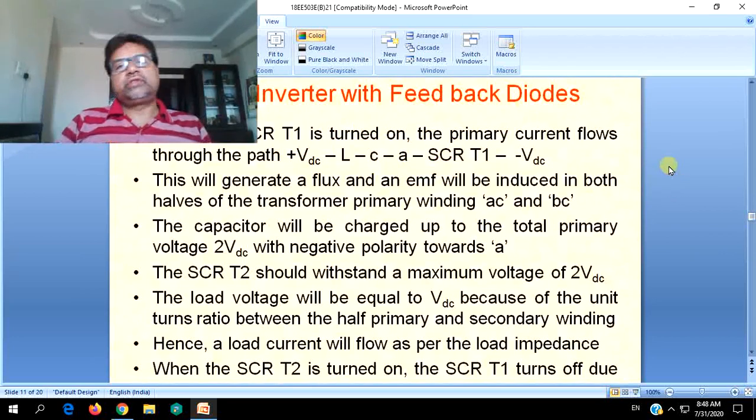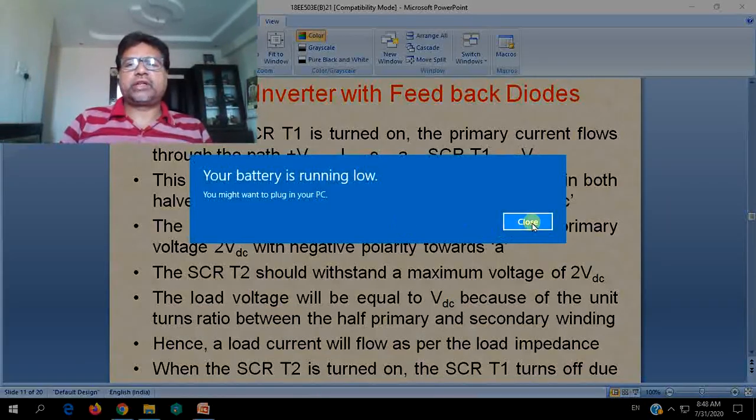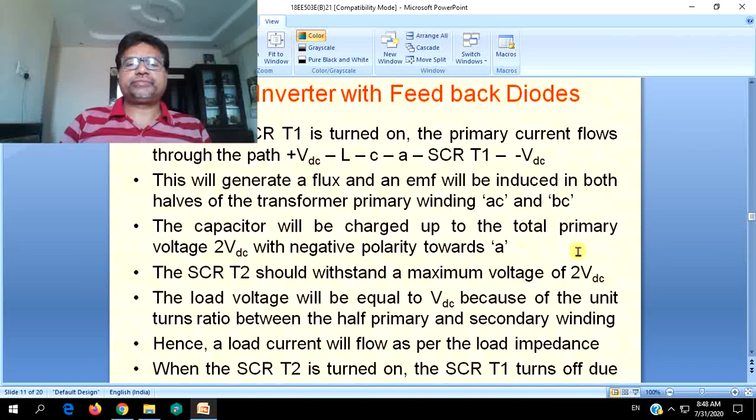Just go through the sequence of events which we have discussed so far. Same things, which were the same as for the first simple inverter.